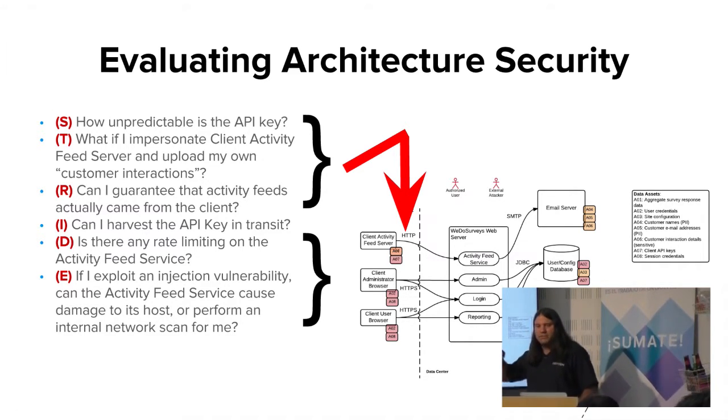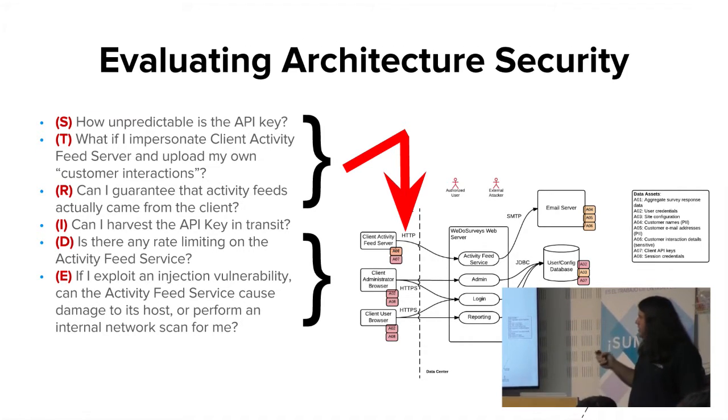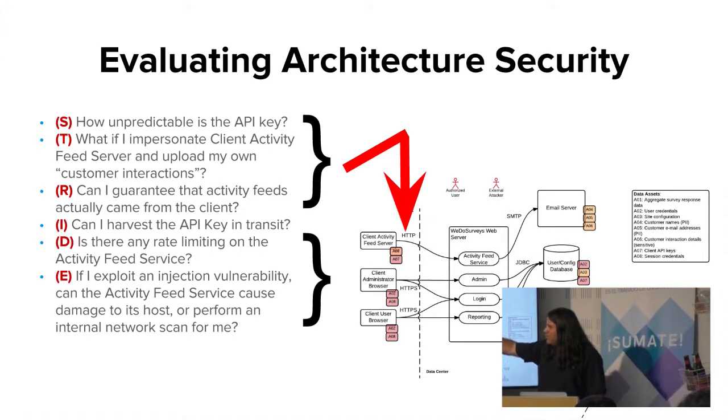What if the activity feed service is operating under a user context that can do that? And what if there's an injection vulnerability that I can exploit and get it to delete it directly on the server? So that's how you use STRIDE to sort of think about different ways that you can attack a system.